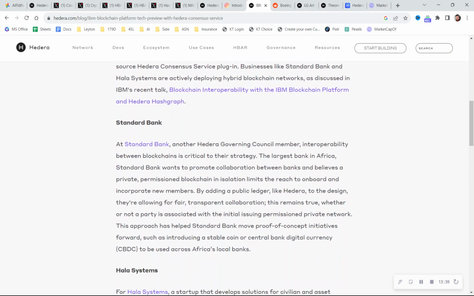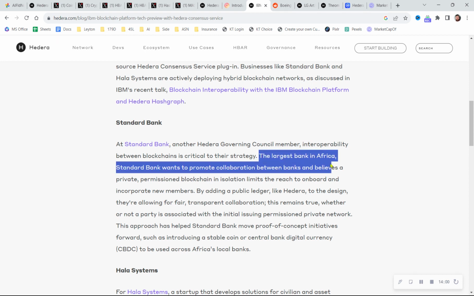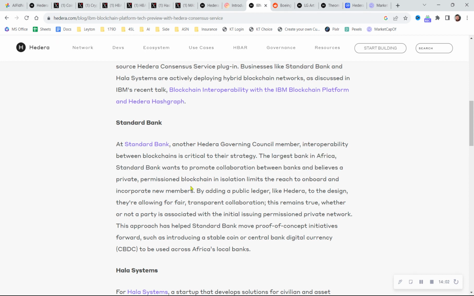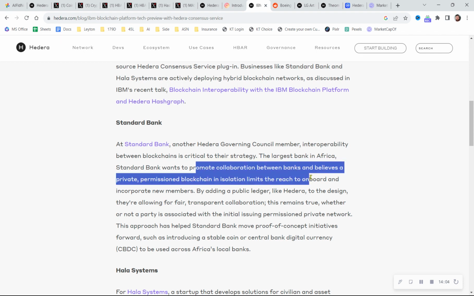Here in this one article, it actually calls out a couple of other applications as well, which my personal interest at this point in time is in the financial technology space. So they are working with that, which is the largest bank in Africa, and they want to promote collaboration between banks, right?